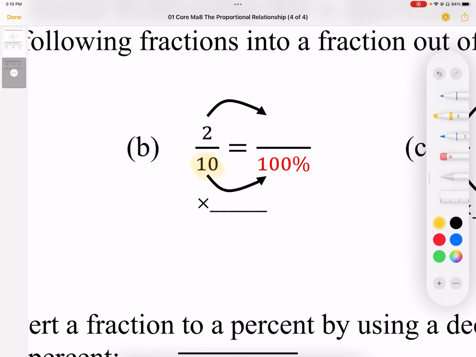We'll do the same thing here. We're going to find a multiplier. The multiplier between those two is going to be 100 divided by 10, or times 10. We use the same multiplier, times 10, on top, and we get 20 out of 100, or 20%, the same proportion as 2 over 10.